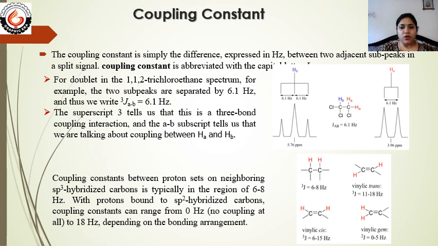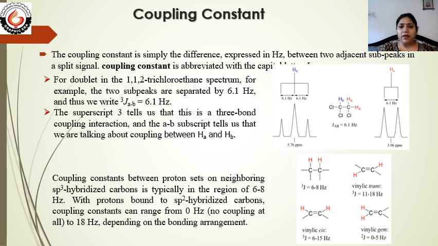Coupling constant. The coupling constant is simply the difference expressed in Hertz between two adjacent subpeaks in a split signal. Coupling constant is abbreviated with the capital letter J. So coupling constant is basically the difference between the split signals.